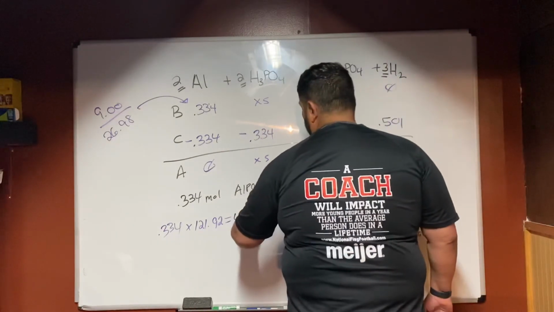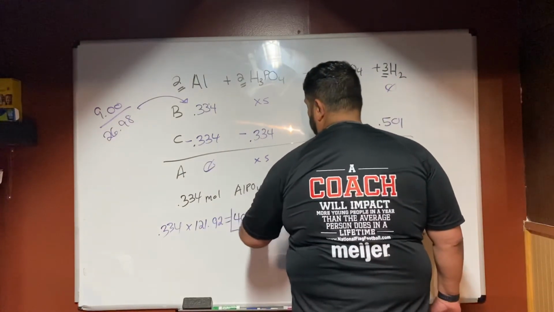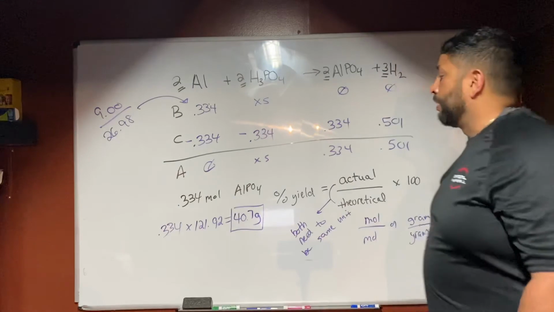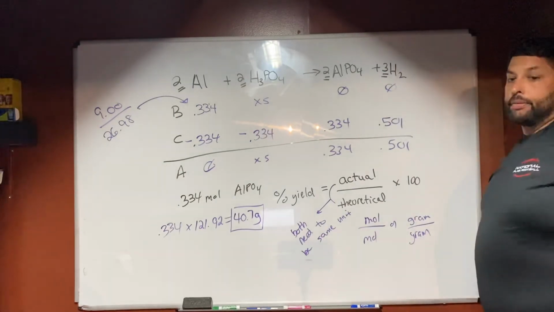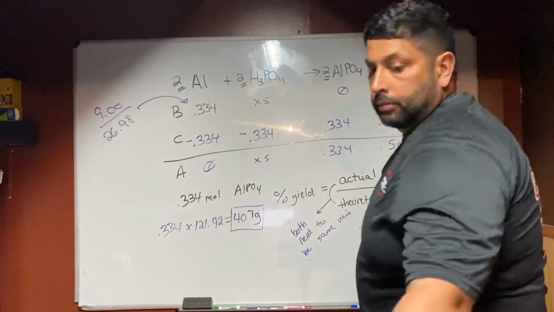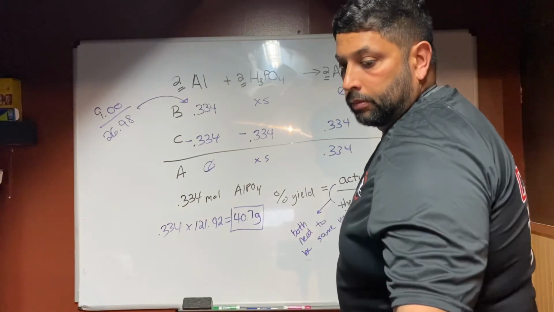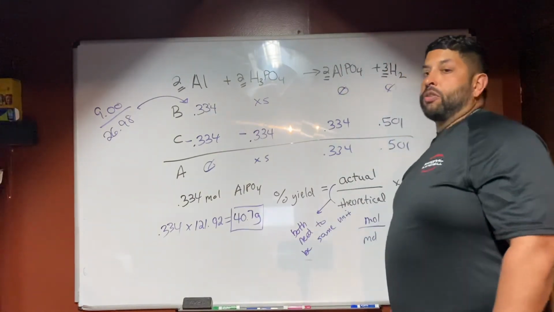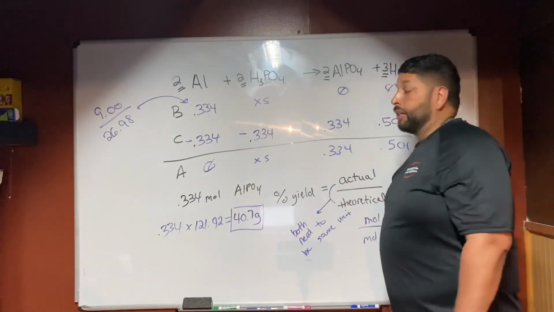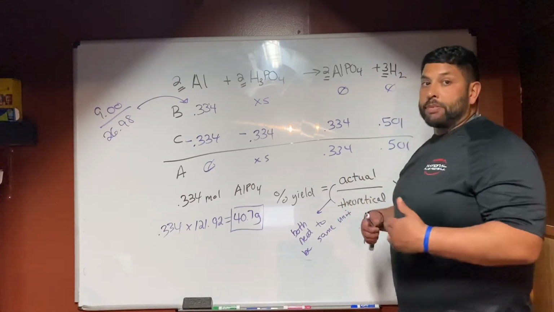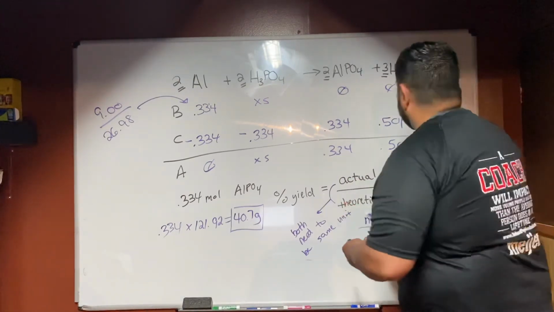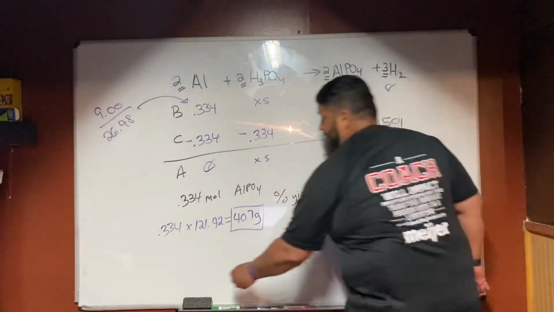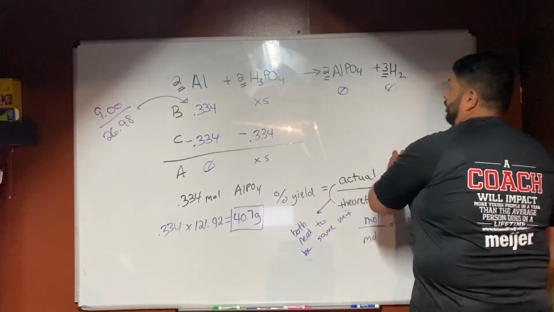So theoretically, we should have made this many grams of aluminum phosphate. Did we do that? Even my son who was watching goes, no, we didn't, because the problem said we had 30. So to find my percent yield, I'm going to erase this part of the screen so it's easier for everyone to see.